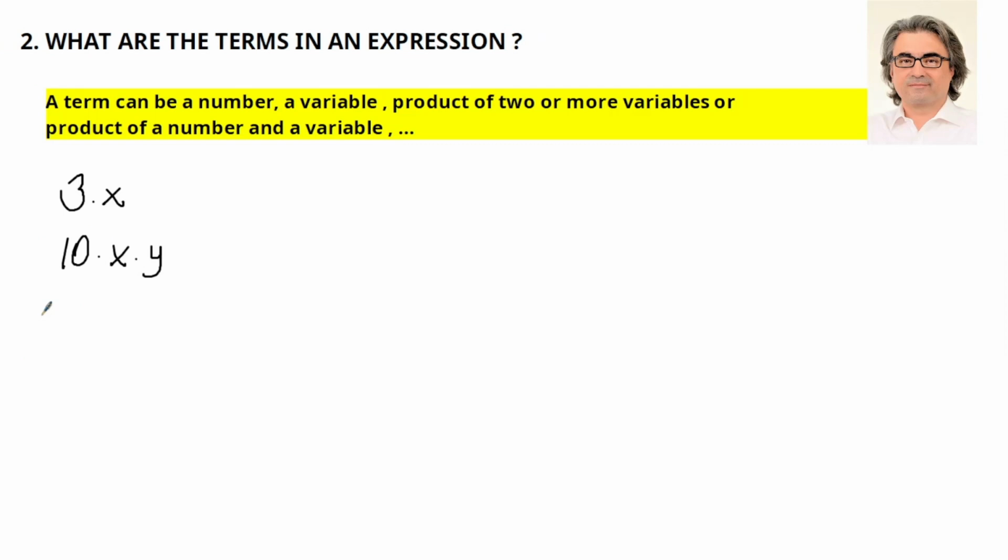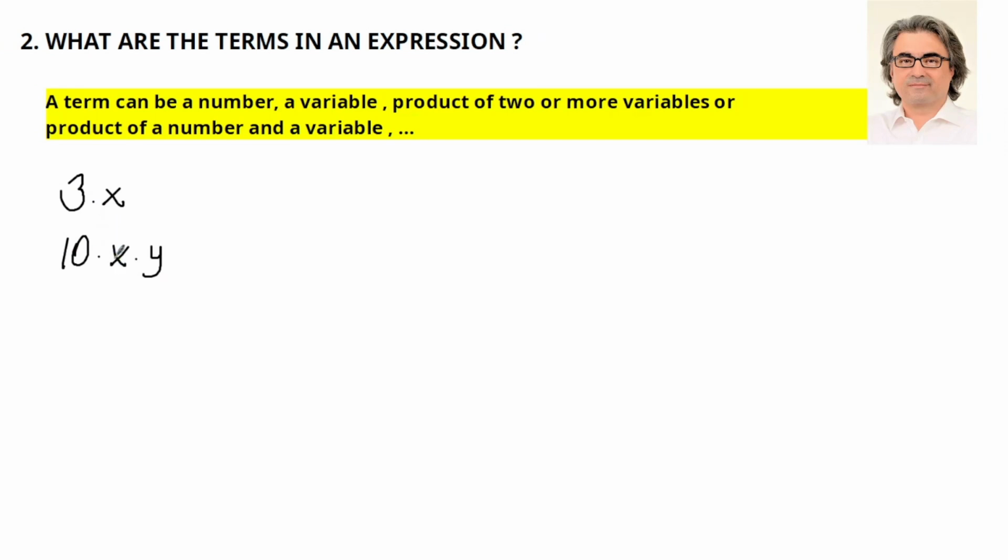The product of 10, x, and y. Now 10 is the number, x and y are the variables. Now in these two examples, we have algebraic expressions having only one term.